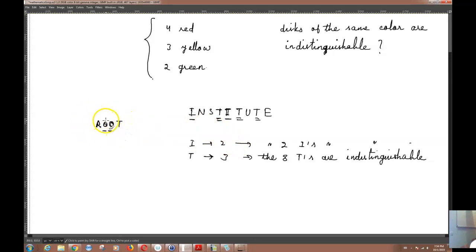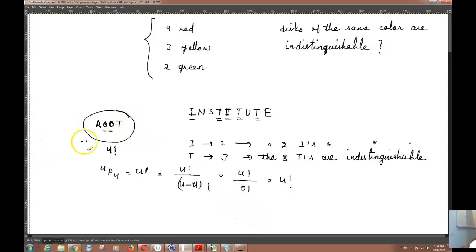Relative to four different letters, you would have 4 factorial permutations. Meaning that you would have 4 permutation 4, which is equal to 4 factorial over 0 factorial, or you can say 4 factorial over 4 minus 4 factorial, which is equal to 4 factorial over 0 factorial, which is equal to 4 factorial. So relative to these four letters, you have 4 factorial permutations.